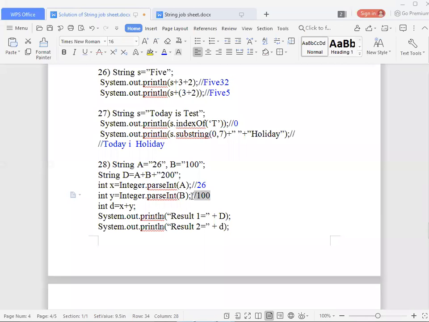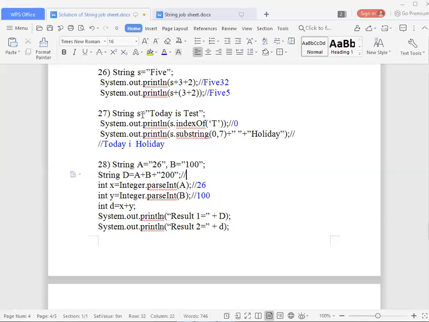Okay, the things will be the same, but the data type will be different. Now look here. If here we are writing A plus B plus 200, A is what? 26 before conversion. 100 is the value of B. So 26, because this is a string, numbers will not be added here, numbers will be concatenated. It means what will be stored in D?